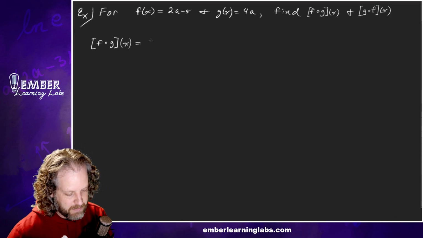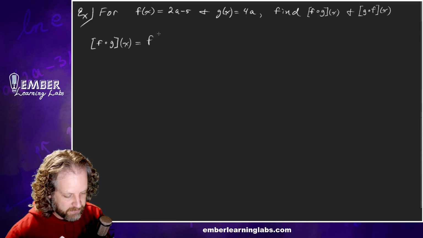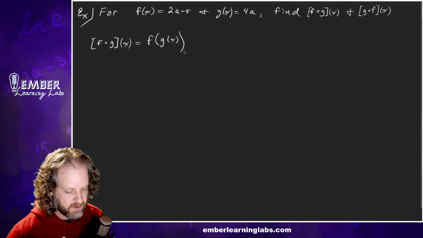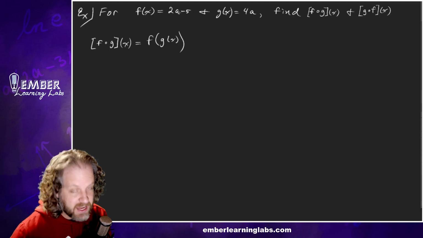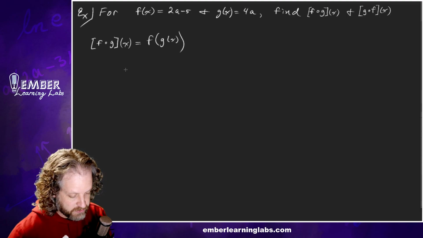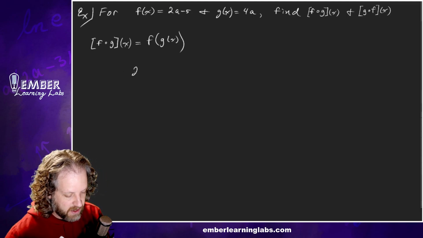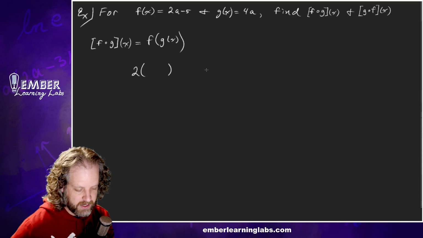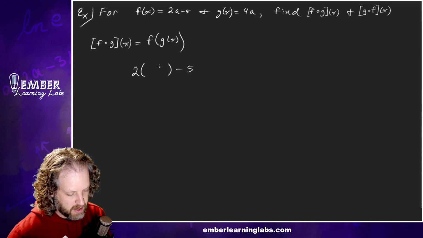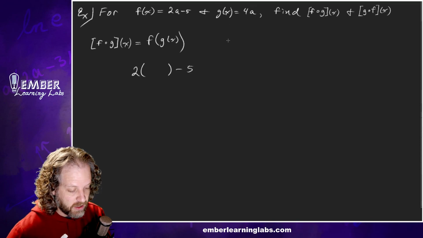This is the same as f of g of x, right? So we've got to take f and put g of x inside of it, right? So what we're going to do is write f with parentheses wherever there's a variable. I made it big because we've got to put all of g of x in there.